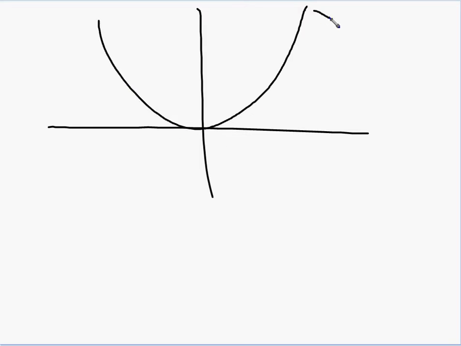Here's x squared, okay? Now what did our question ask us to find? Didn't it say find the slope of the tangent line when x equals 2? So when x equals 2, okay, here's 2, we want to know what is the slope of a tangent line right there.